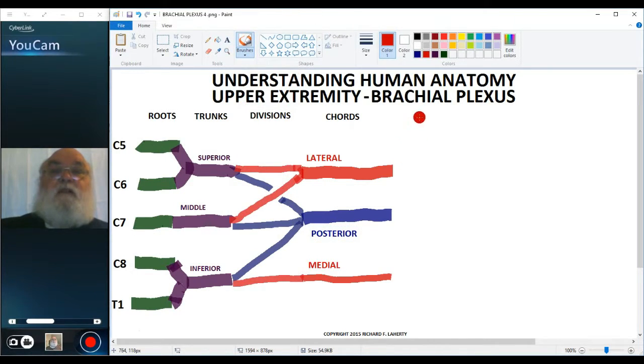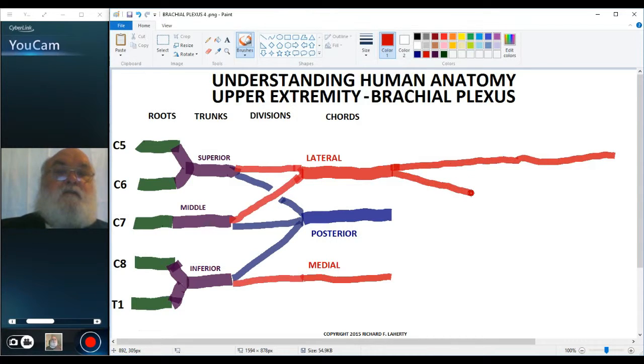So let's look at the lateral cord first. It divides in 2. One of the divisions keeps going straight and will become the musculocutaneous nerve.